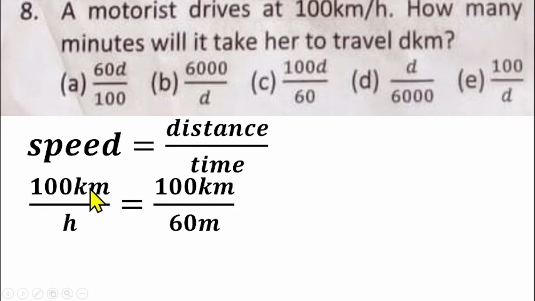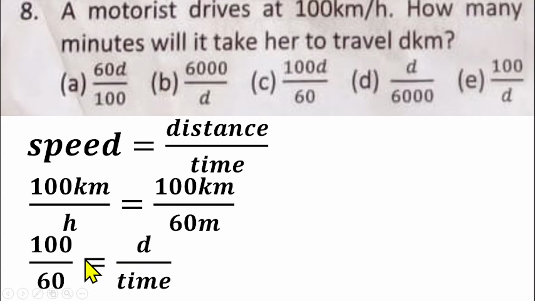So we need to change this hour to minutes. We know that 60 minutes make 1 hour, so that gives us 100 over 60 in km/minute.